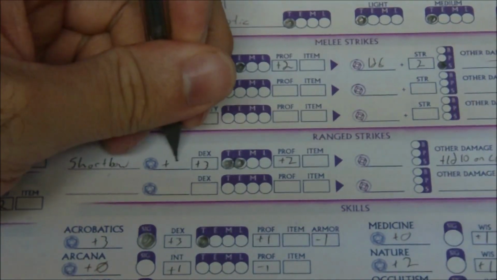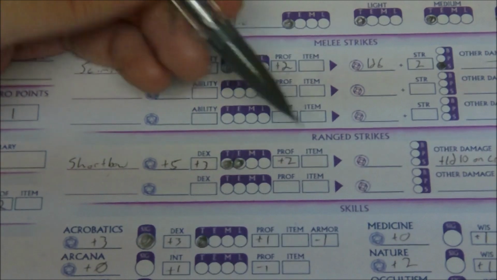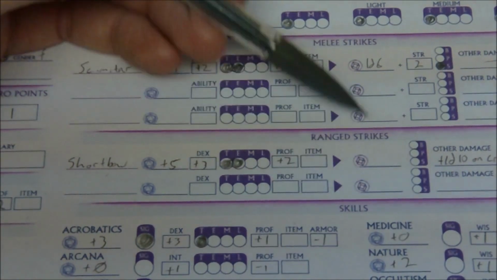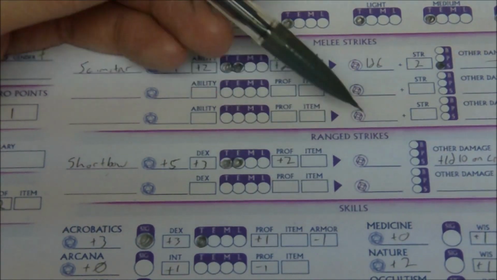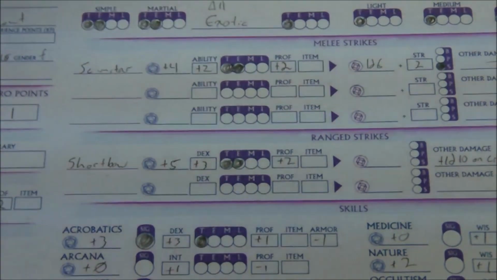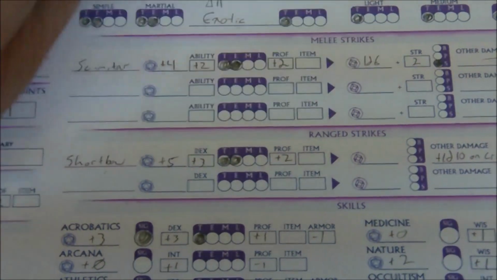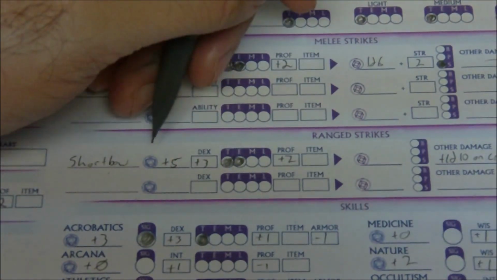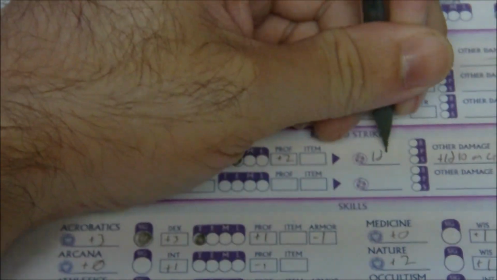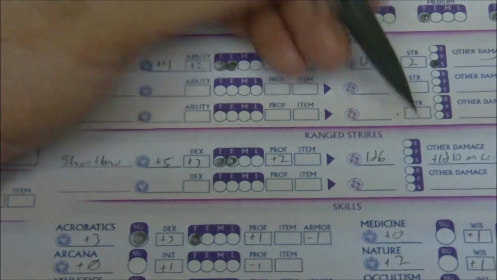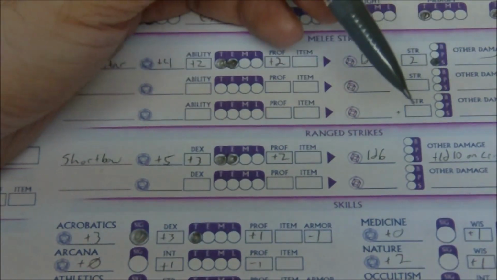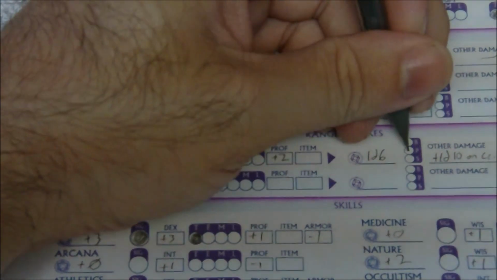So we got +5 bonus to attack rolls there. Now with ranged weapons, you don't add any modifiers at this point in time. Like I said, I do want to get a composite bow at some point in the near future, but I currently do not have one of those. So right now, the damage is just going to be 1d6, but I can do an extra 1d10 if I get a critical hit, and it is piercing damage.